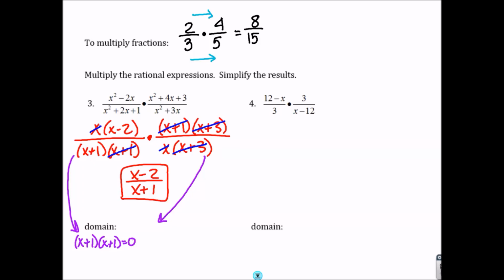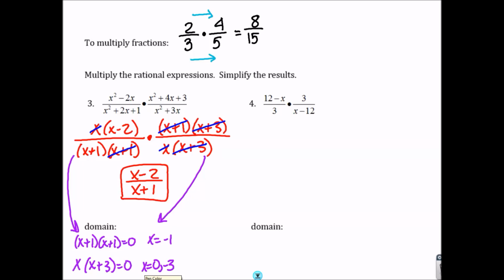And from the second fraction, we have x times x plus 3 equals 0. So when you solve these for x, the first denominator gives us x equals -1. The second denominator gives us x equals 0 and -3.